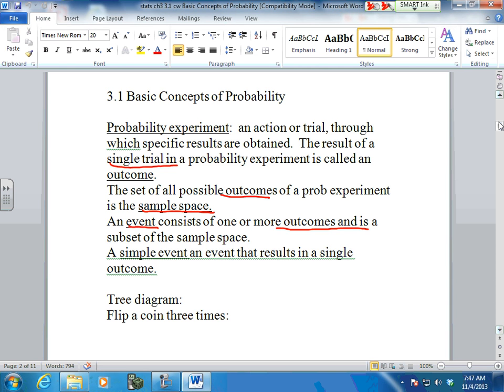Now, tree diagrams. Tree diagrams are really, really helpful in figuring out your sample space. Tree diagrams get a little cumbersome if you're doing this a certain amount of times, or you're doing a certain amount of things at the same time, flipping a coin, rolling a dice, doing something else. That becomes a little bit cumbersome, but your basic probabilities can always be found by a tree diagram.